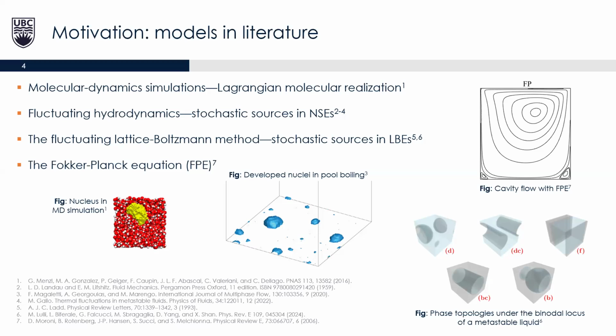With fluctuating hydrodynamics, you can add noise into your heat flux and your stress tensors, for example, and come up with fluctuating sources in either your Navier-Stokes equations in finite volume methods, or in the so-called fluctuating lattice Boltzmann method with stochastic sources in the Boltzmann equation. And then you can also go further back and look at another approximation equation for thermal noise, which is the Fokker-Planck equation.